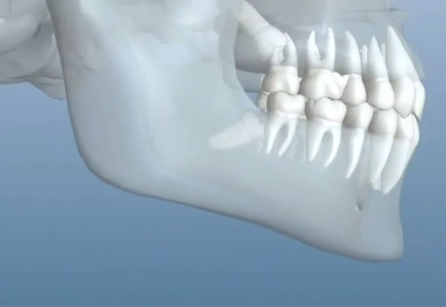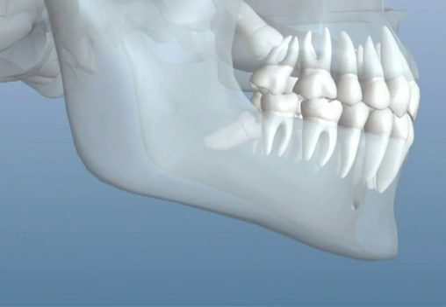Additional risks include cyst formation with resulting destruction of the surrounding bone, the formation of tumors, as well as decay of the third molars and adjacent teeth, and the shifting of other teeth, causing bite problems. We review all findings with the patient to develop a mutually acceptable treatment plan. Now, let's look at the most common treatment of impacted third molars.